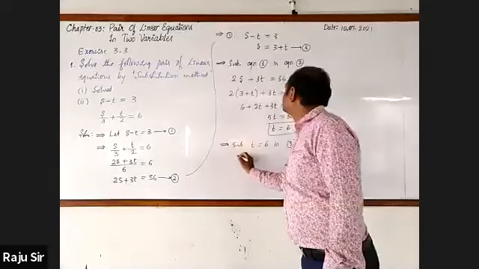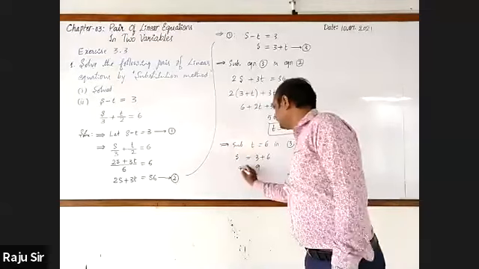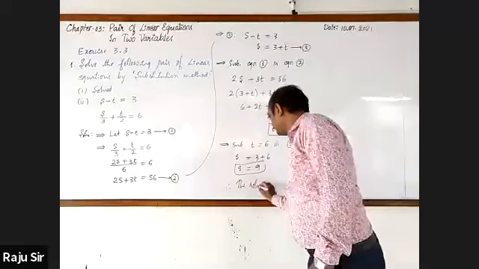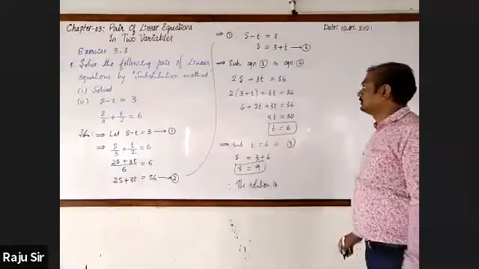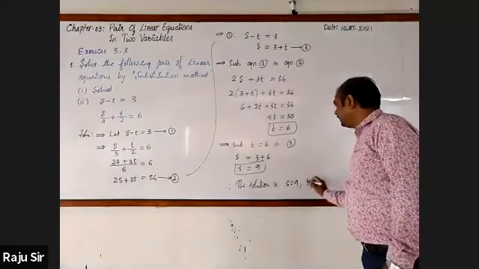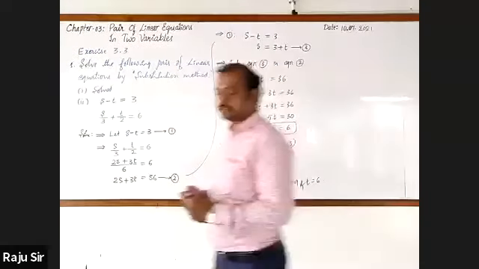S is equal to 3 plus 6, which is 9. Conclusion. Therefore, the solution is S equal to 9 and T is equal to 6, or it's (9, 6).